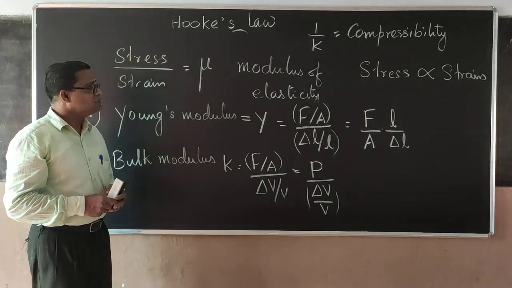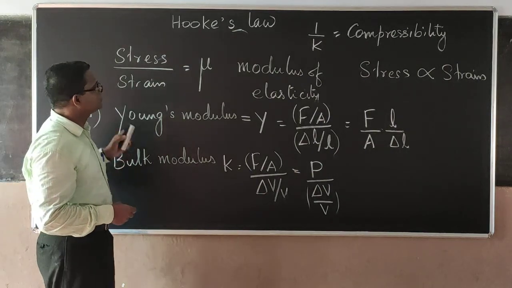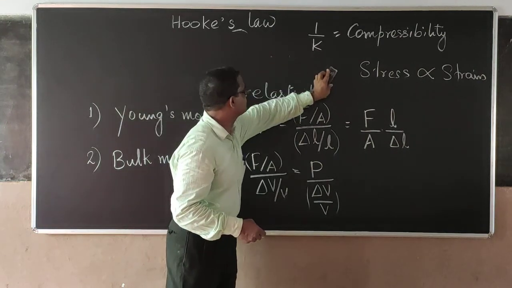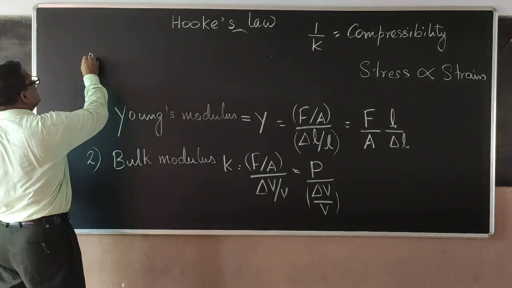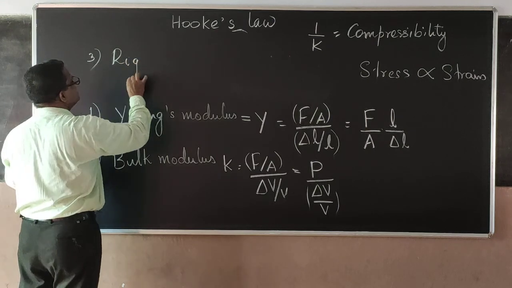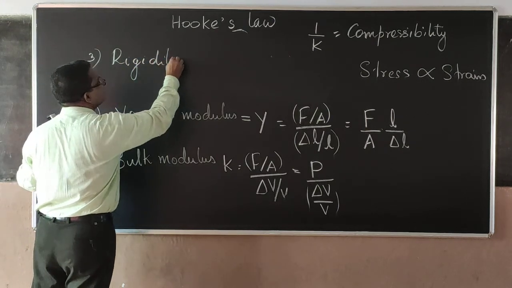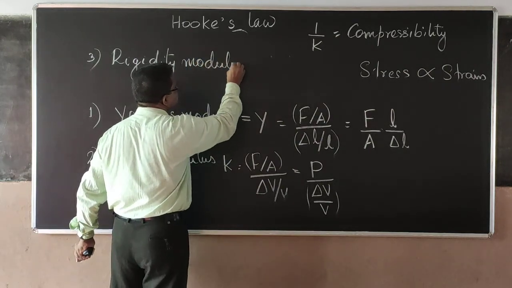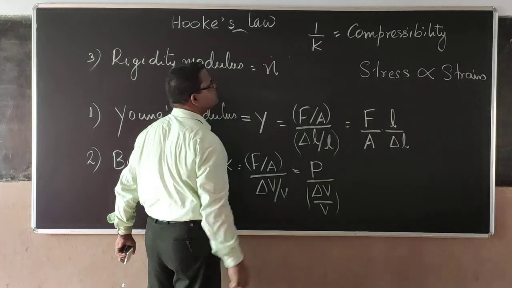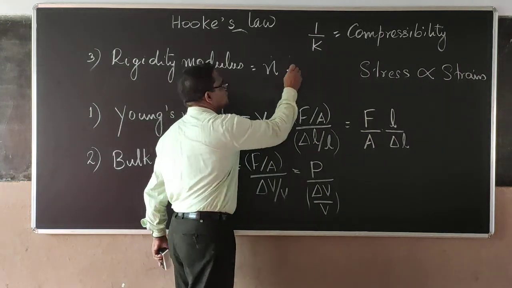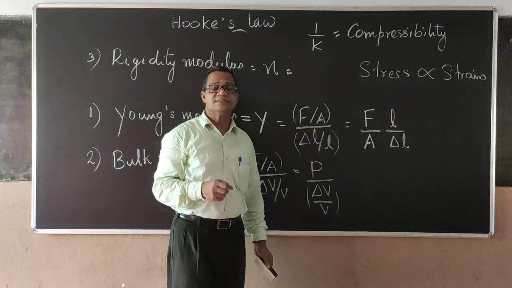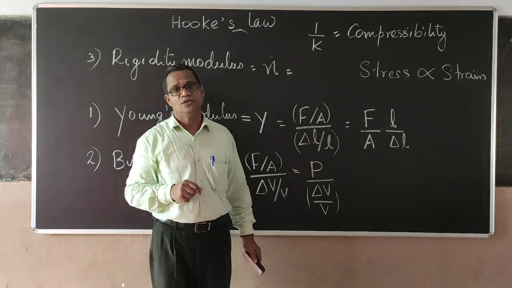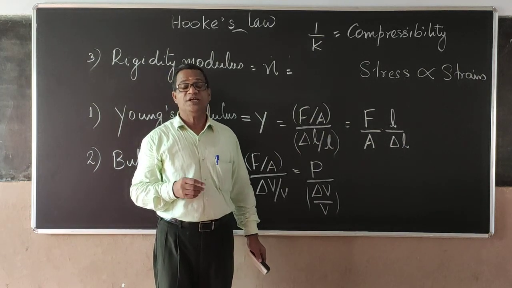Now the third one is rigidity modulus, denoted by N. Actually, this is defined as the ratio of tangential stress to the shearing strain.